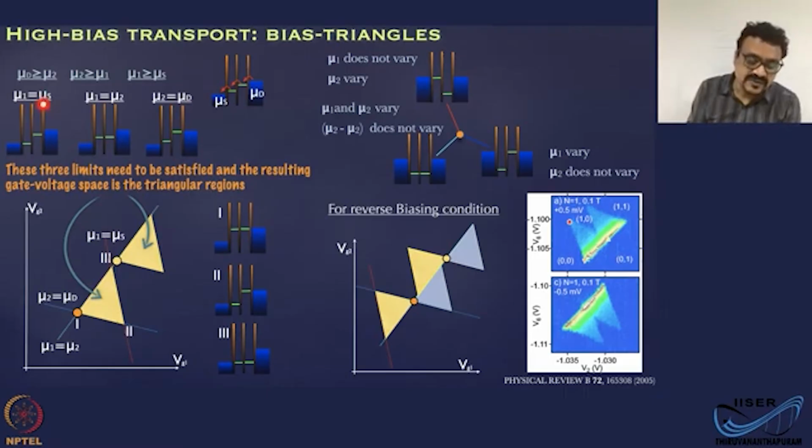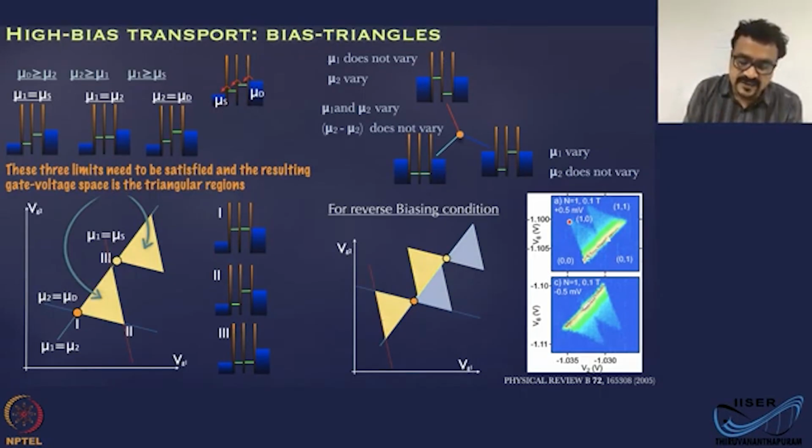Mu1 equal to mu s. The moment mu1 is less than mu s, what that means is this level is below mu s, then the electron in that state is Coulomb blockaded. That electron cannot go to the source side because these states are already full. There is no vacancy there.